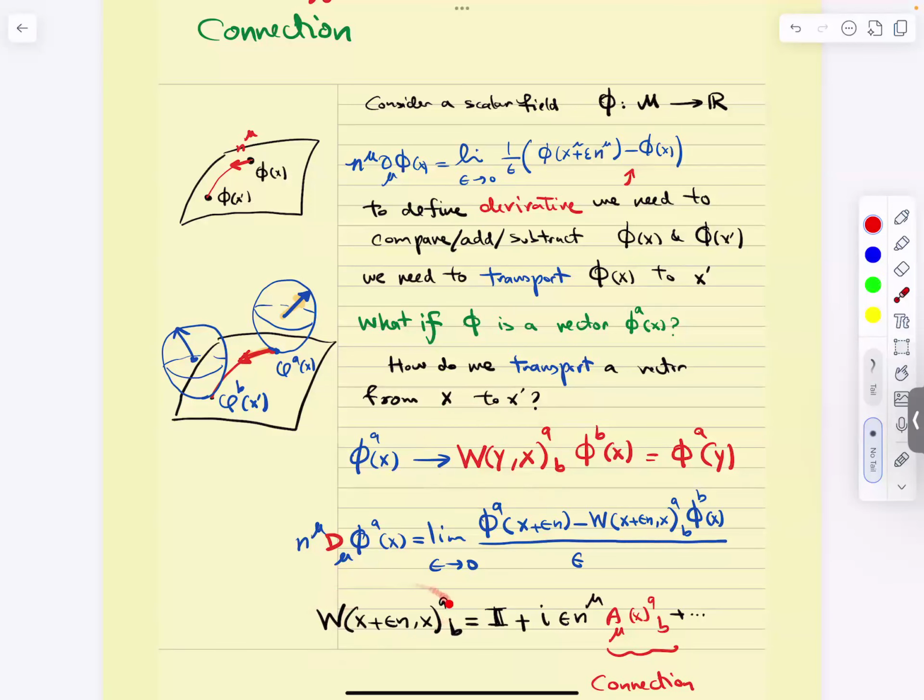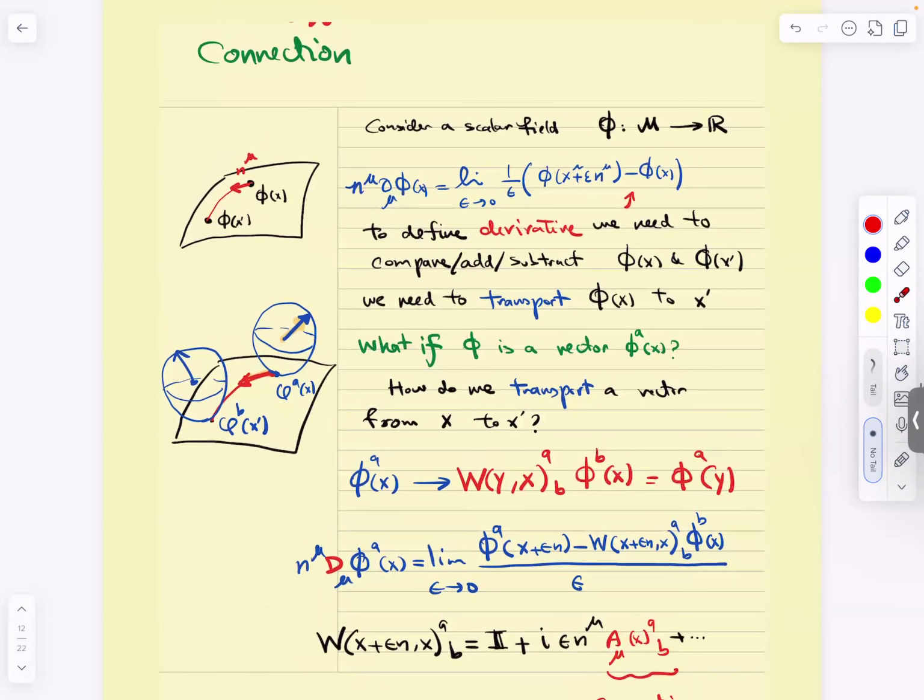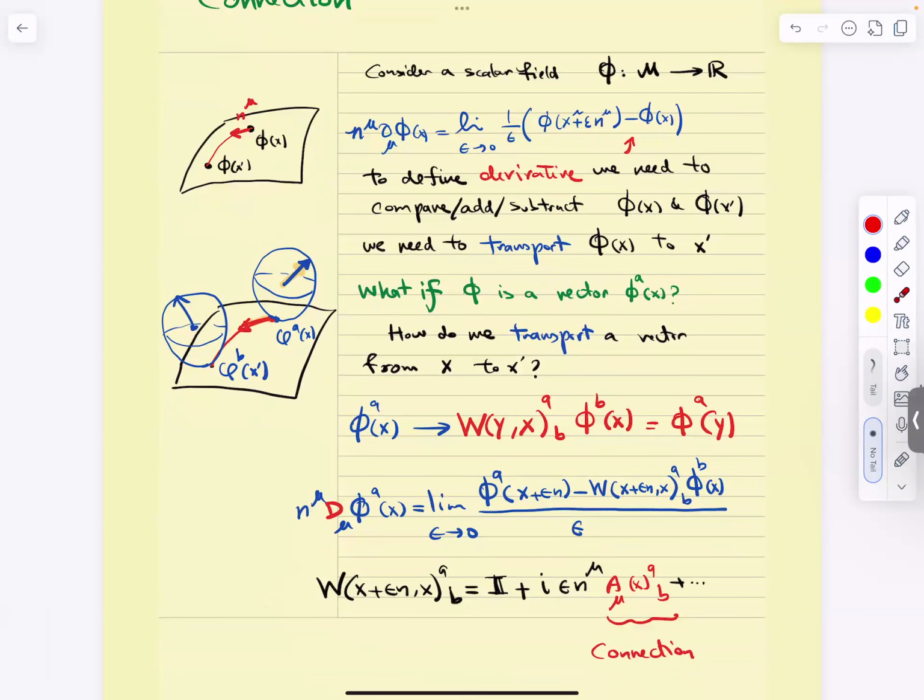If you expand W of y and x for nearby points, this is an operator that lives on a line. It's not a local thing. If you expand this for points that are on top of each other, identity to first order, what is it? It's the gauge field. So a gauge field is a choice of connection. And that's the origin of the covariant derivative.